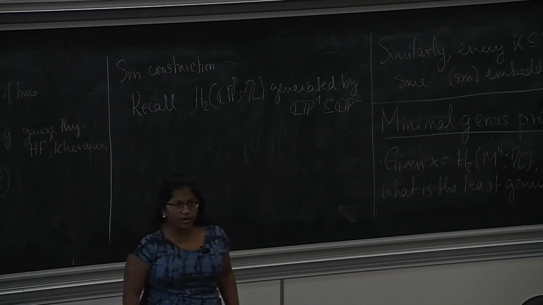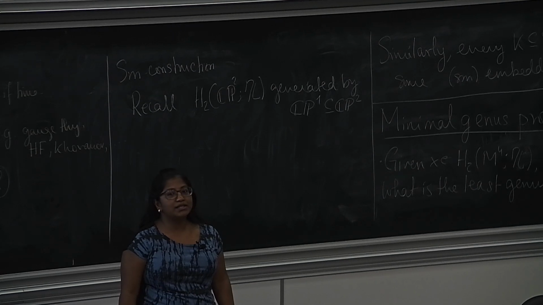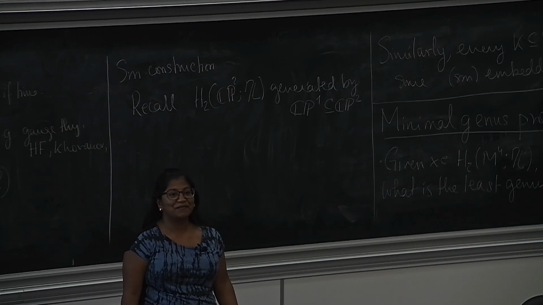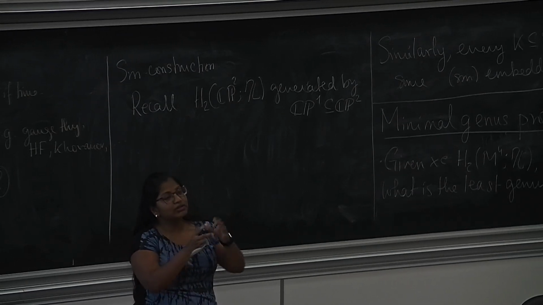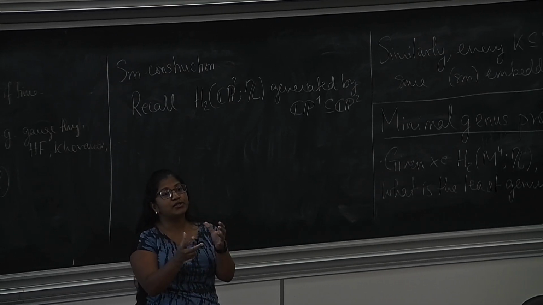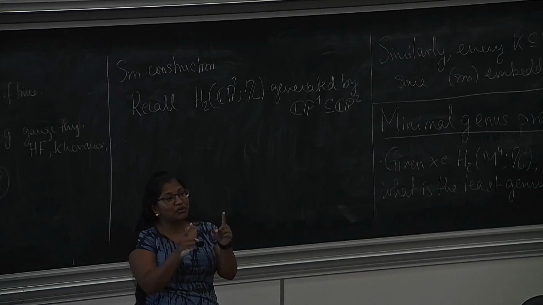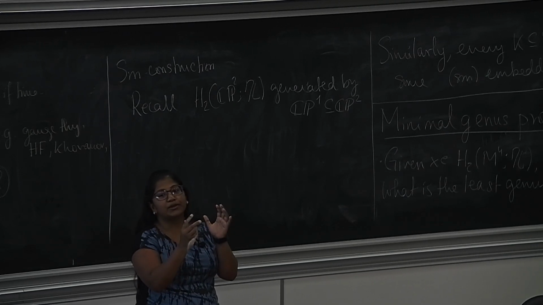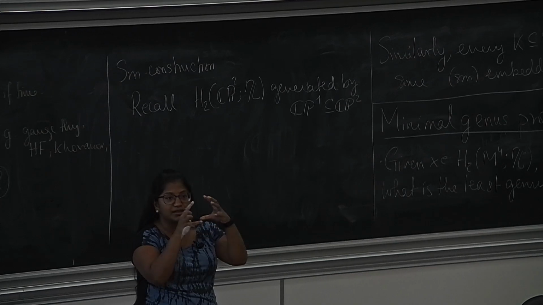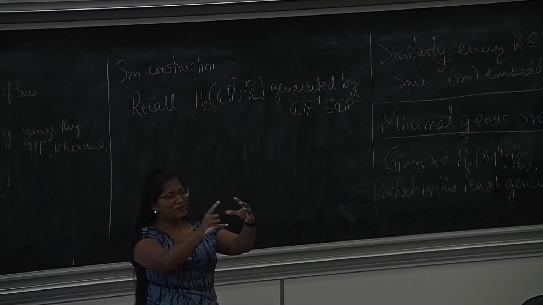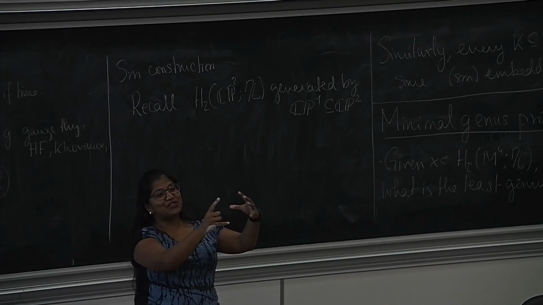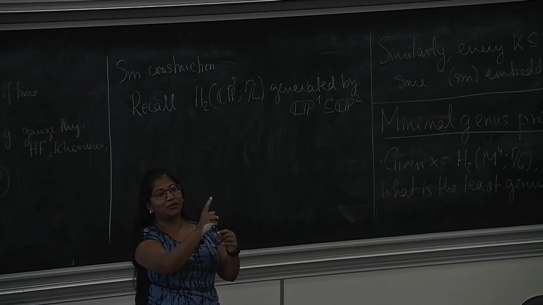But what is CP1? CP1 is an S2. Okay, right? It's familiar, hopefully. So it's an S2 sitting inside of your CP2. It has one more additional property. Its normal bundle has Euler number 1. So it's a smoothly embedded CP1, a smoothly embedded two-sphere with Euler number 1 normal bundle.